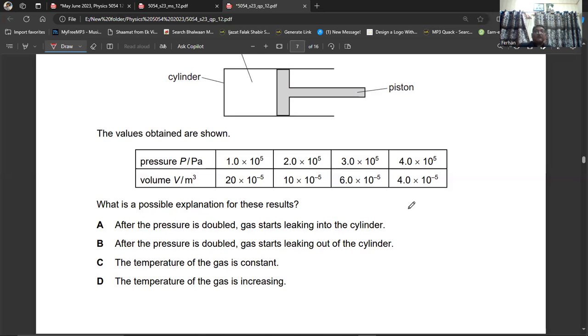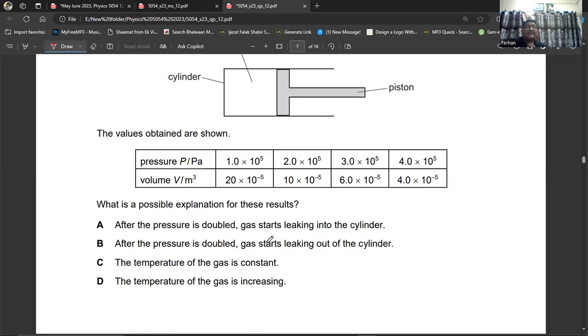Here the volume must have been 6.7 something, and here the volume must have been 5, but it is 4 times 10^-5. So it is less volume. So what is the possible explanation for these results? Here I think some of the gas has leaked. Some of the gas has leaked. That's why, after the pressure is doubled, gas starts leaking from the cylinder.